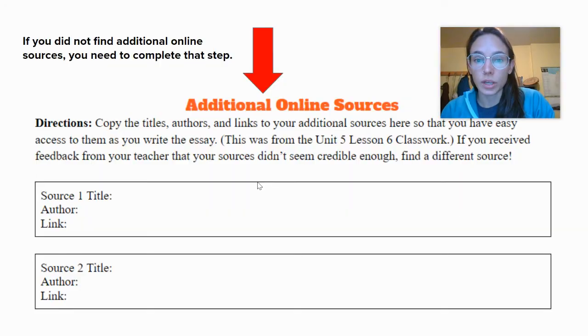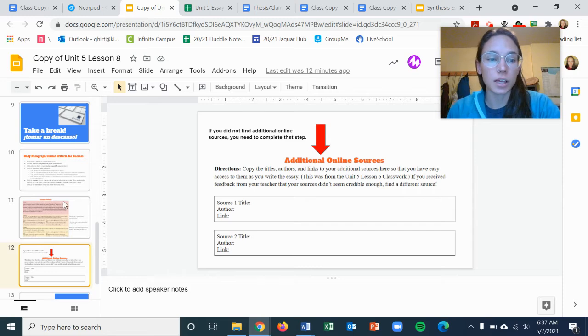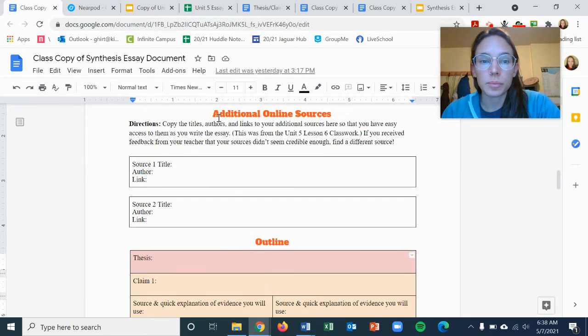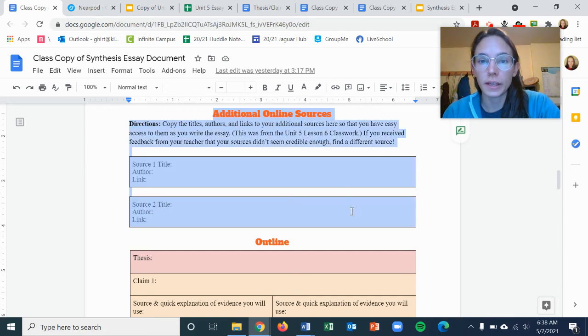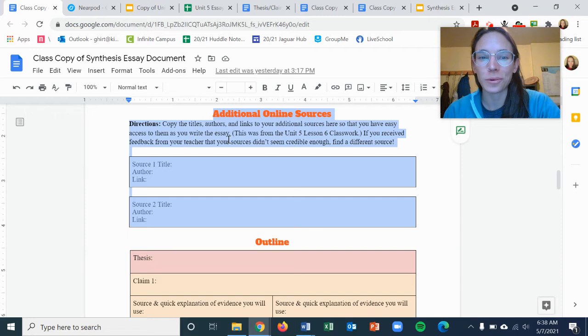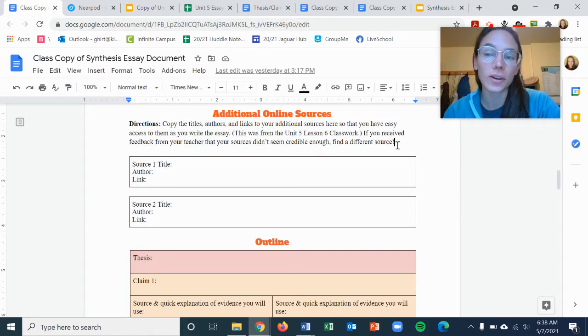Okay, so last couple of steps here. So in your synthesis essay document, you have a place to put your additional online sources. So in Unit 5, Lesson 6, that was your exit ticket, was to find 2 more sources that you could use in your essay. So if you got feedback on those sources that they were not credible enough, or they didn't really make sense to use with your essay, then find different sources.